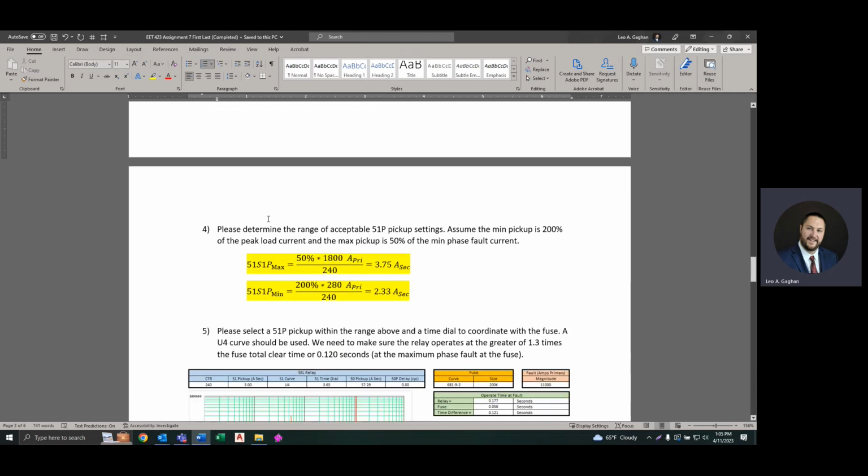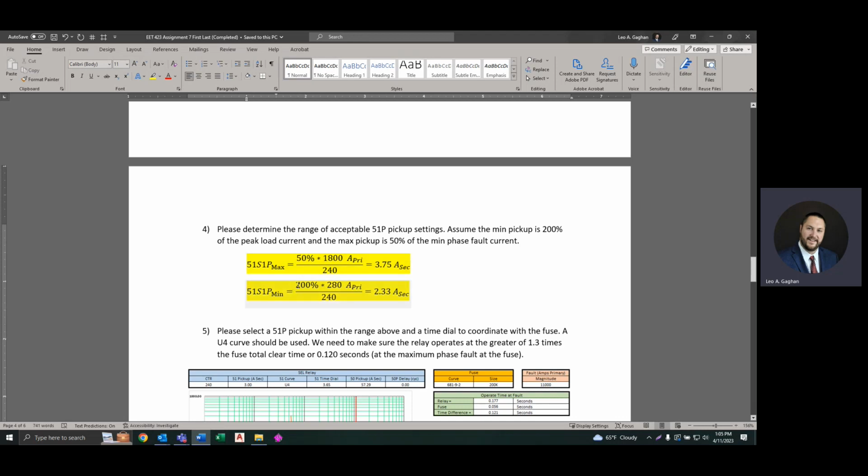Number four: please determine the range of acceptable 51P pickup settings. Assume the minimum pickup is 200% of the peak load current and the max pickup is 50% of the minimum phase current. So I was looking for a minimum and maximum allowable setting based on this criteria.